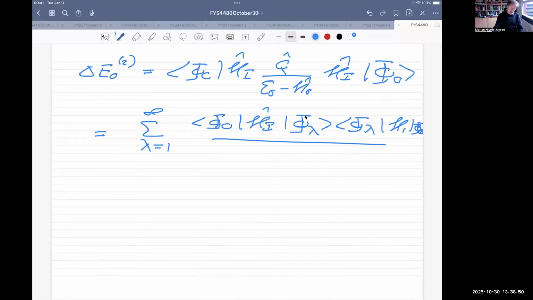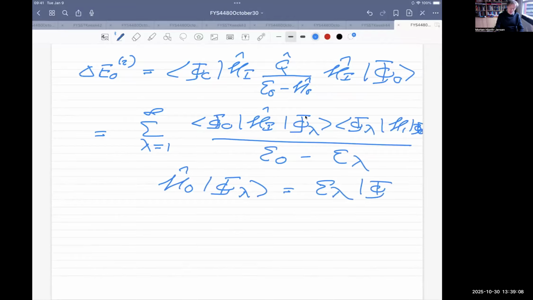And this is divided by epsilon 0. But now what we have is an epsilon lambda here, because when we look at the denominator, what we have is that this operator acting on an intermediate state is given by epsilon lambda times this intermediate state. So remember now that all these states which we have chosen are eigenstates of the non-interacting Hamiltonian.